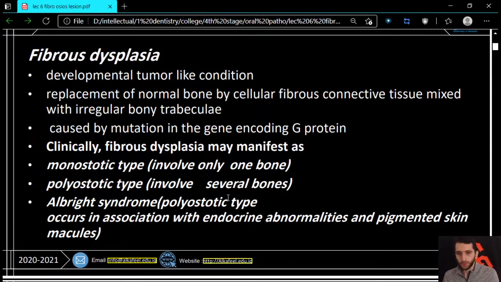Next, we'll be talking about the causes of this mutation. The causes of this mutation are well known. These causes can produce various types of injuries.